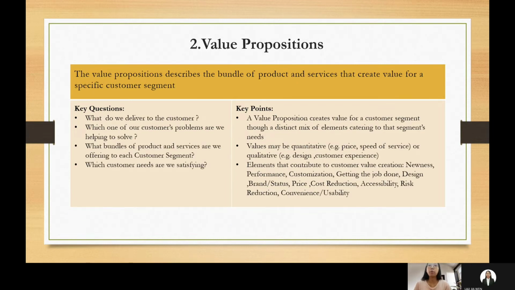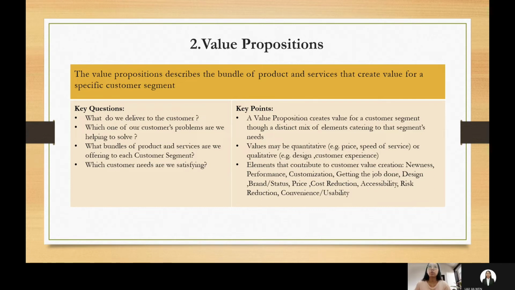Secondly, is the value proposition. The value proposition describes the bundle of products and services that create value for a specific customer segment. A value proposition creates value for a customer segment through a distinct mix of elements catering to that segment's needs. The value may be quantitative or qualitative.